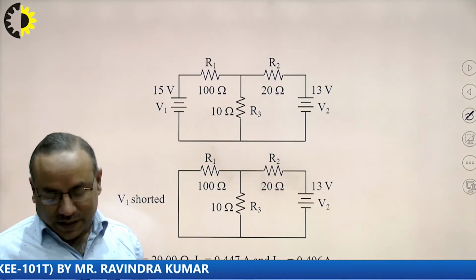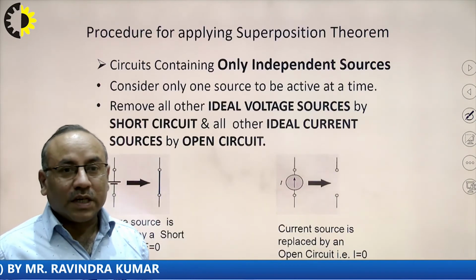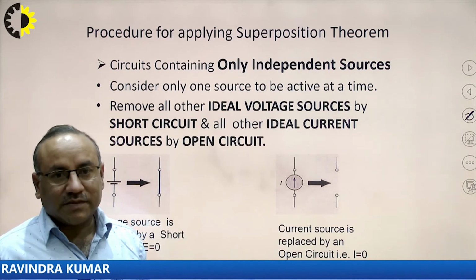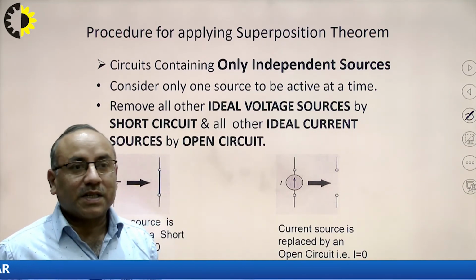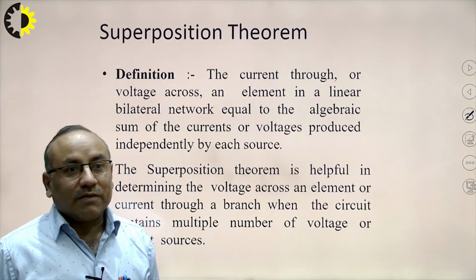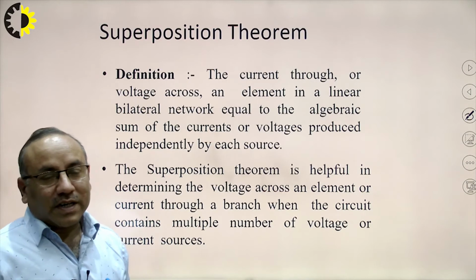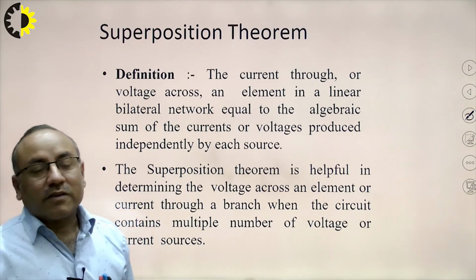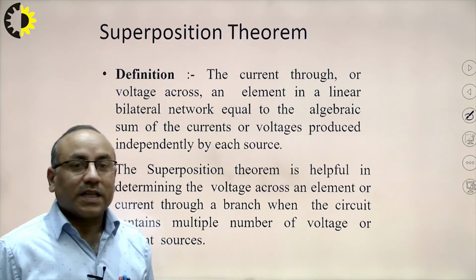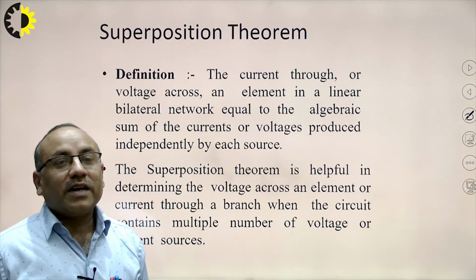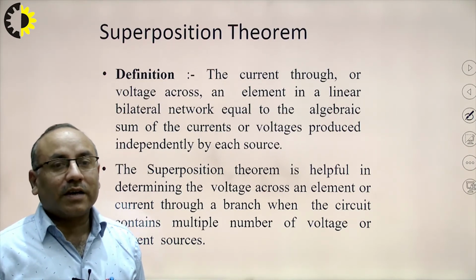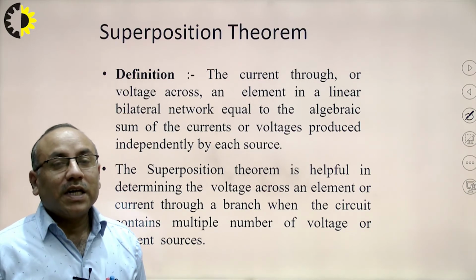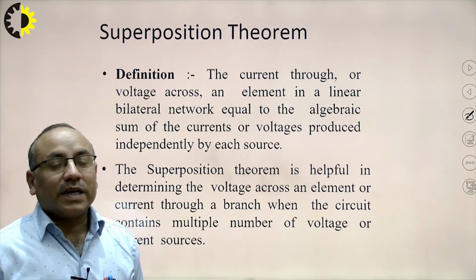These are the steps we apply when applying the superposition theorem in the circuit. One by one we consider all the sources in the circuit, and find the current through any particular branch or the voltage across any particular branch using each source of energy.